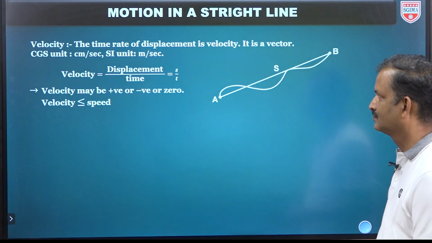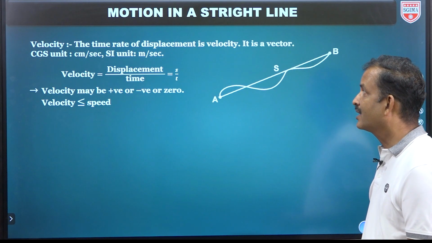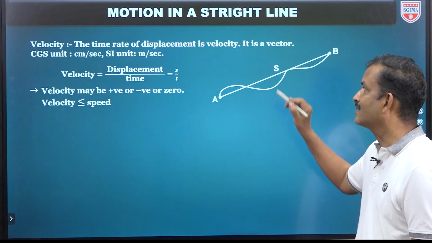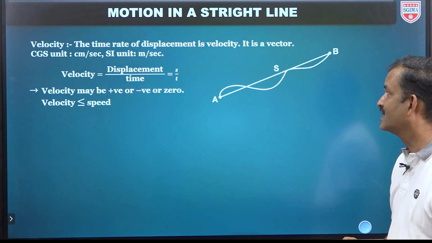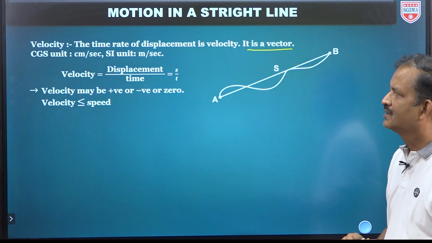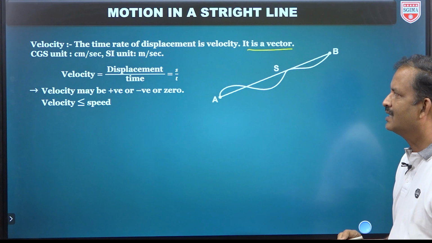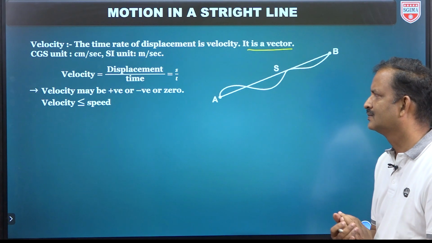Velocity. The time rate of displacement. Time rate means displacement by time. The time rate of displacement is velocity. It is a vector. CGS units are centimeters per second, SI units are meters per second, the same units as speed.